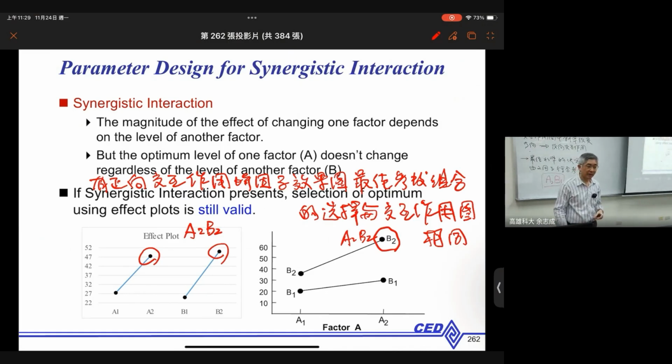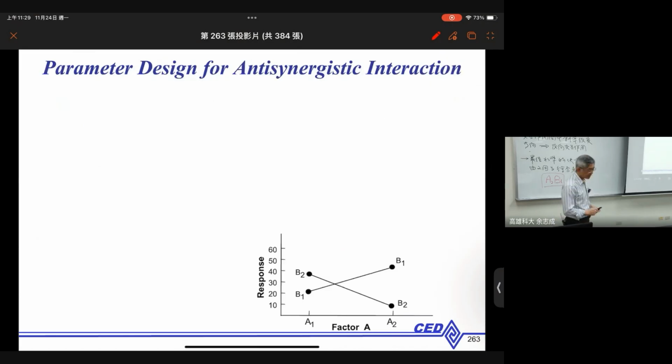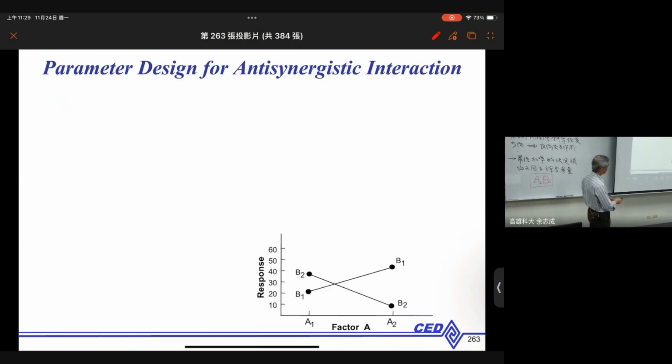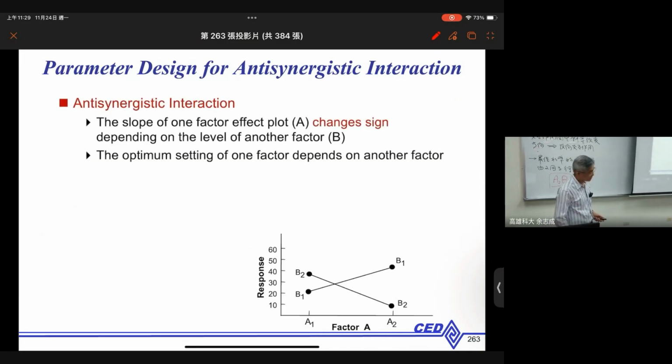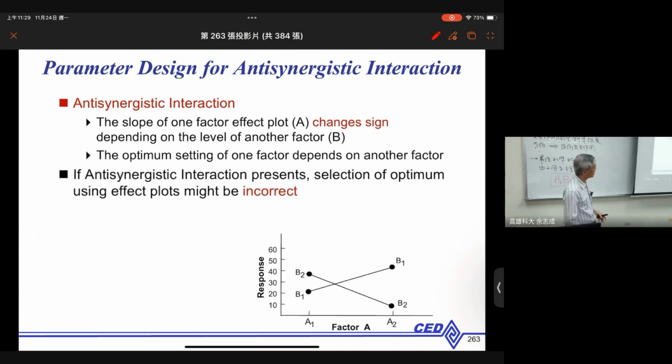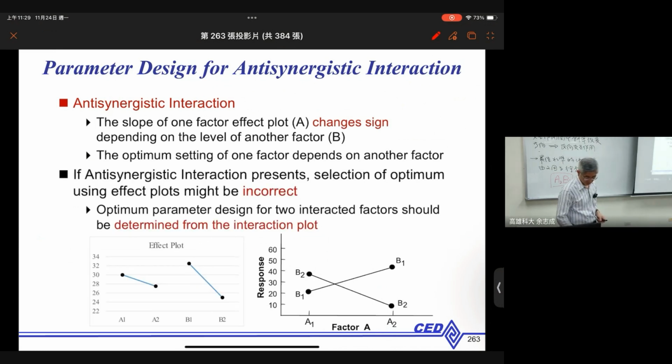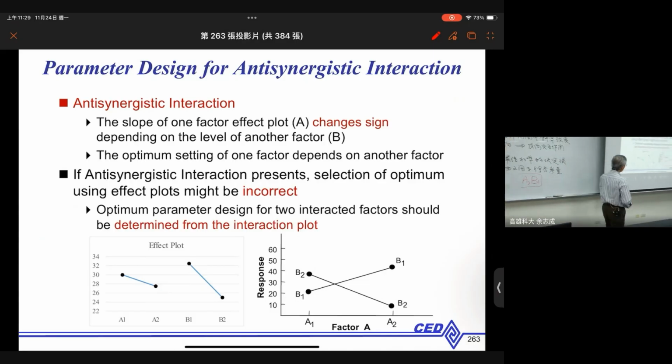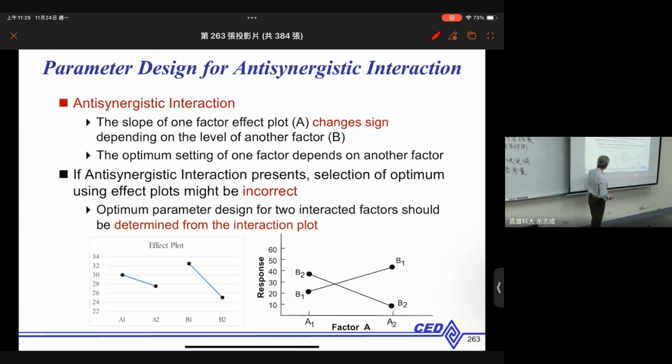However, you are not as lucky if you have anti-synergistic interaction. Just like what I mentioned, this is anti-synergistic. As you can see, the slope changes sign from positive to negative. Therefore, the selection of A and B will be more complicated. Look here. For the effect plot, you will select A1, B1, right?